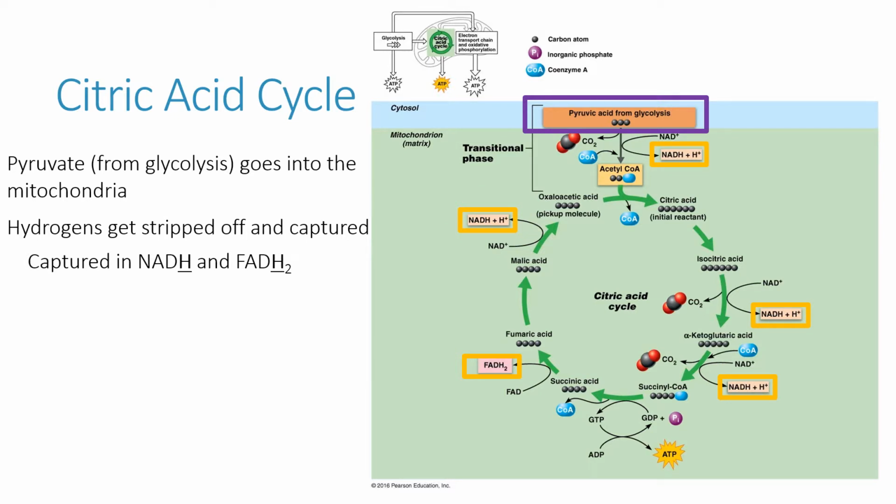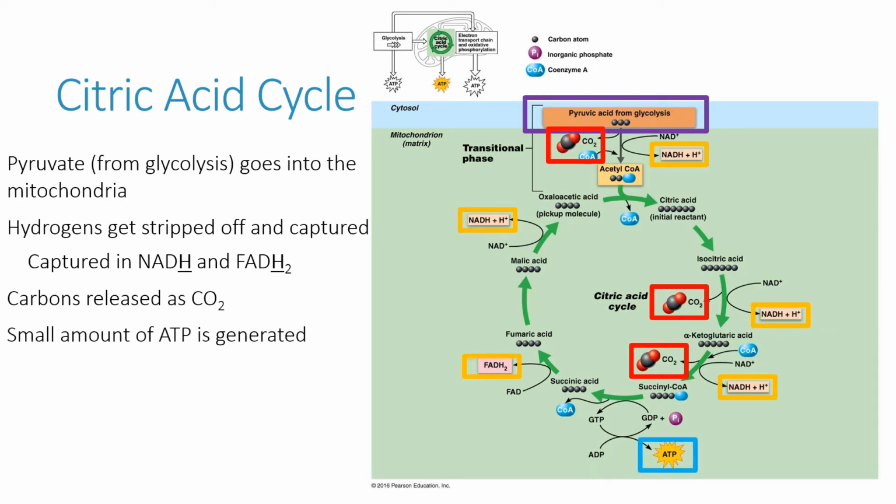These hydrogens get stripped off one by one during the citric acid cycle and captured as NADH and FADH2. All that really matters here is we're capturing these hydrogens that contain these high energy kinds of electrons. As we're stripping off those hydrogens, though, we wind up leaving carbons behind on their own. Those carbons get released as carbon dioxide.